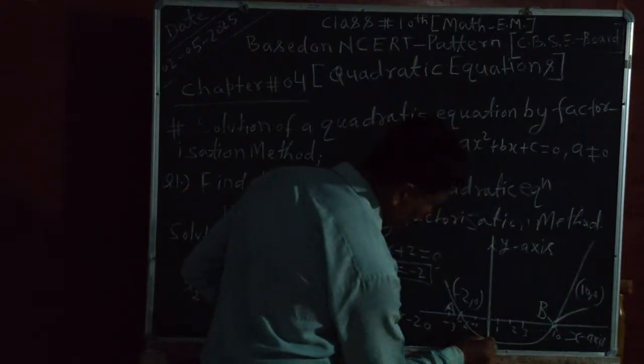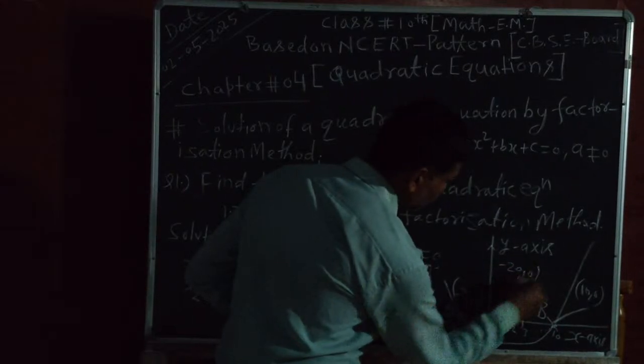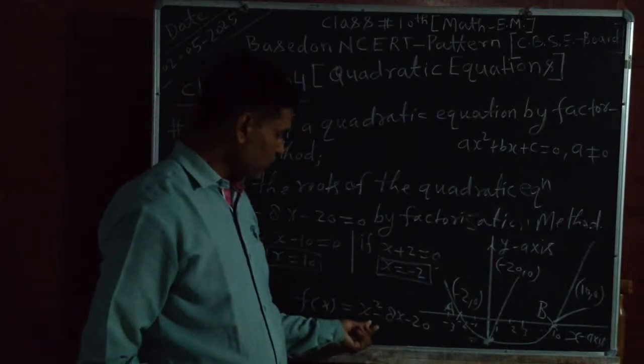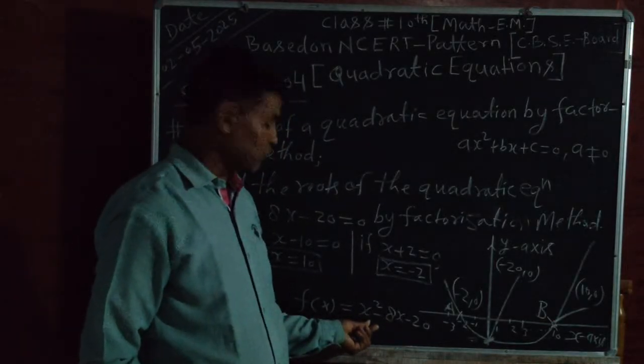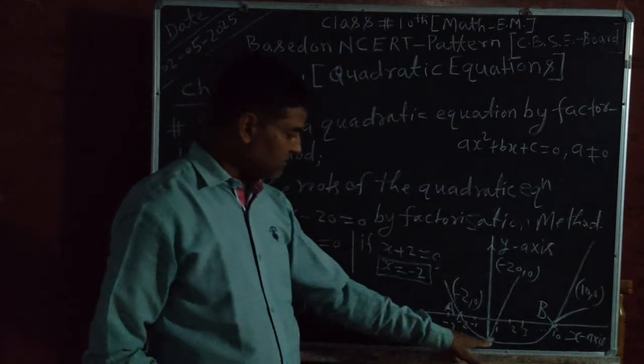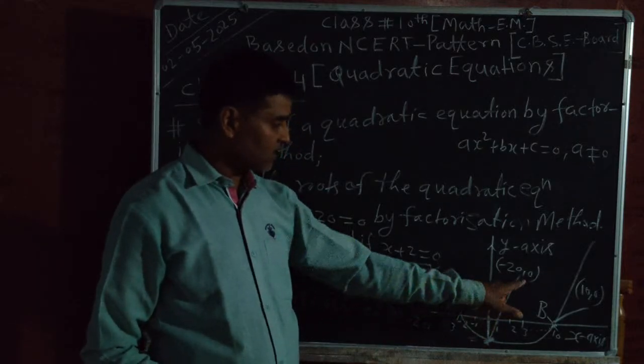So this coordinate point you can write as minus 20 comma 0. It means that you have to put the value of x equal to 0, and this intersection point on the y-axis will be minus 20 comma 0.